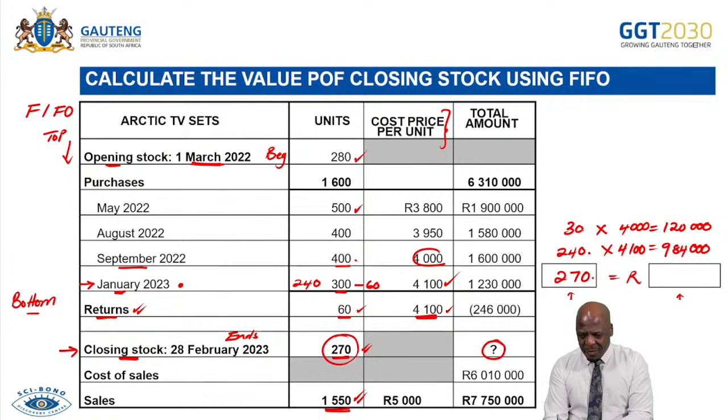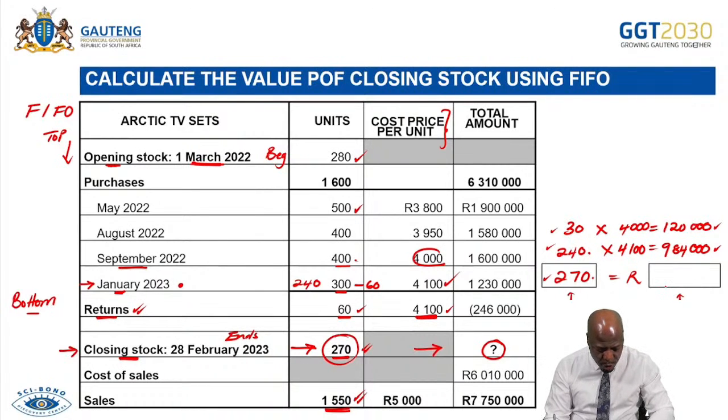Now let's get the answer. If I add my 240 and my 30, I get the 270, which is the units on hand. So if I add my 120,000 and my 984,000, I should get the answer.